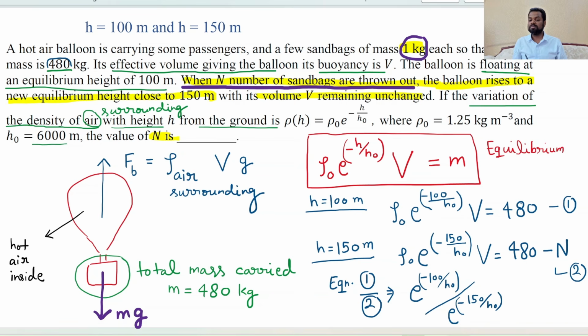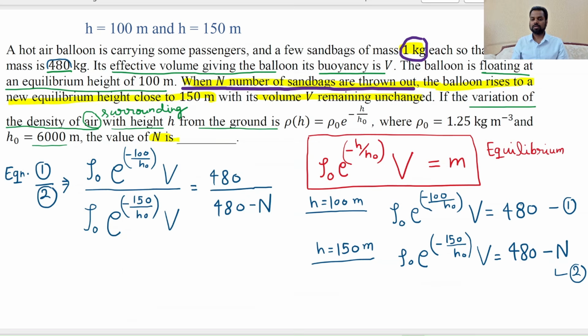Let me make some space. I have rearranged the equations, so we divide equation 1 by equation 2 and we have this. You can clearly see rho naught would cancel out, V and V would cancel out. From here we just have to do the math and we will get n.